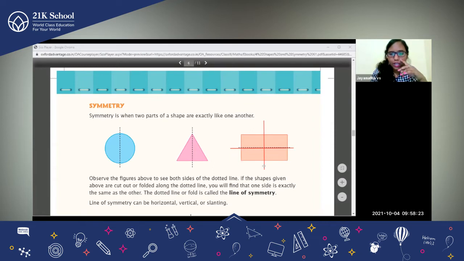So there are two lines of symmetry for this rectangle, and for a circle, there are infinite lines of symmetry. For a triangle, if it is an equilateral triangle, what do you mean by equilateral triangle? All the sides are equal. Supposing this side is 3 centimeters, the other side is also 3 centimeters.